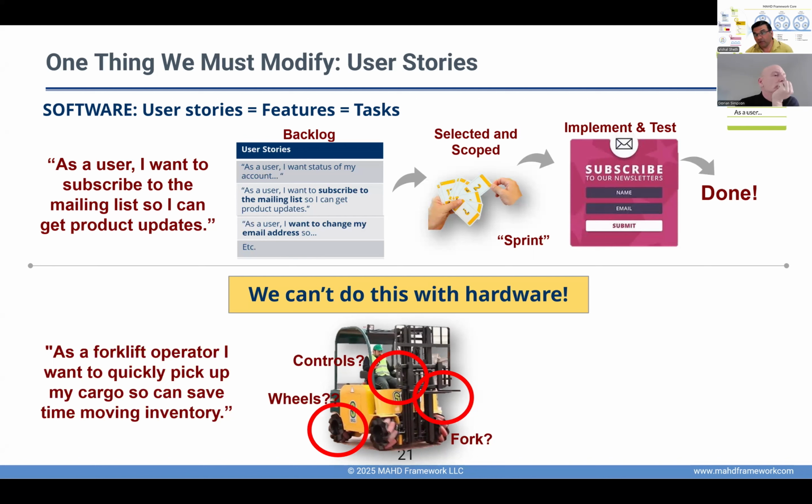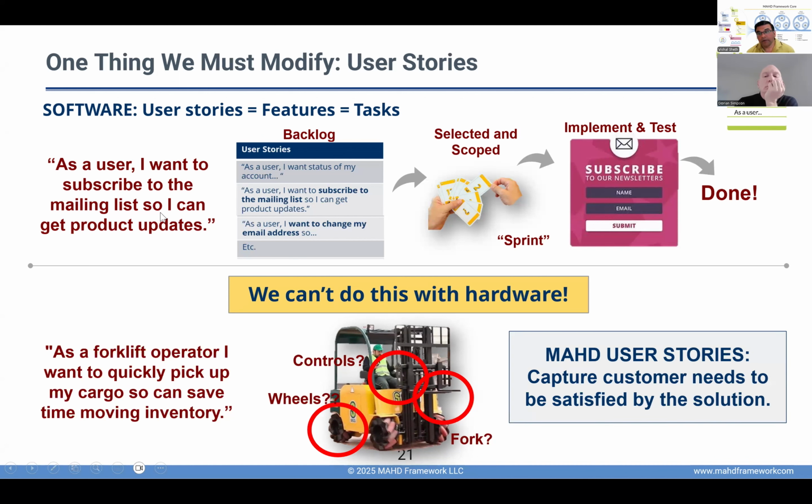So the nature of hardware is such that satisfying a user need requires a range of attributes and disciplines. Therefore, user stories in MAHD describe the customer need at a much higher level, which means far fewer of them are needed than in a typical software project.